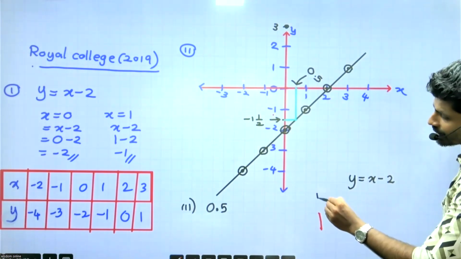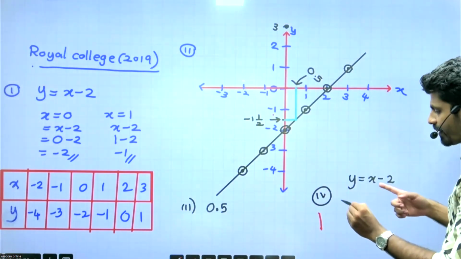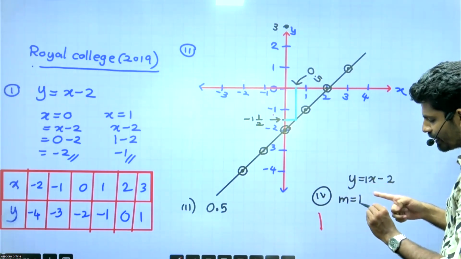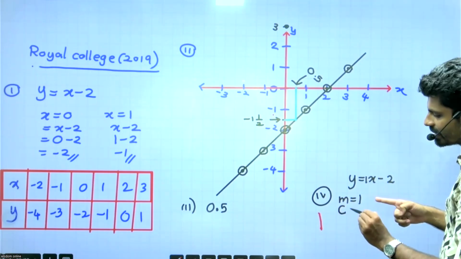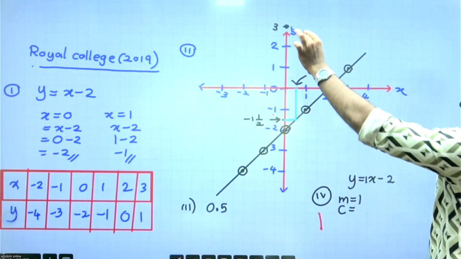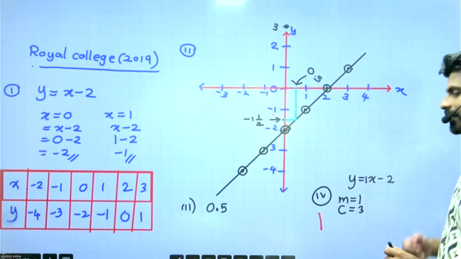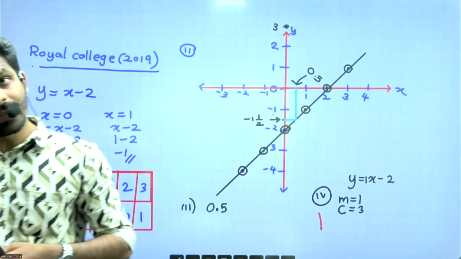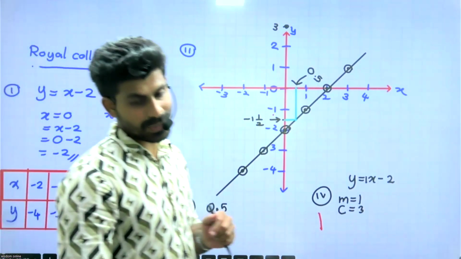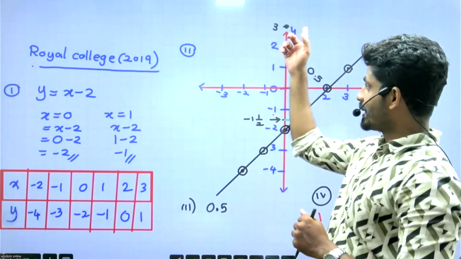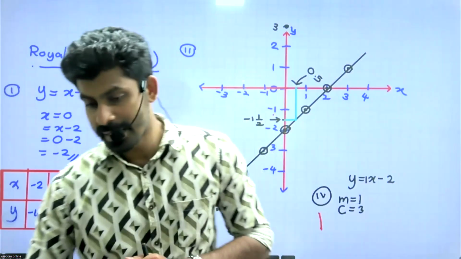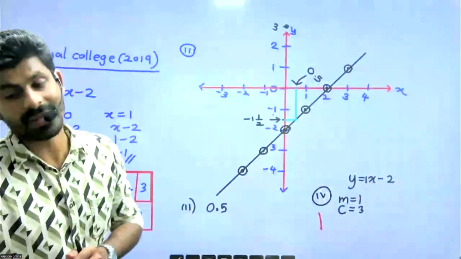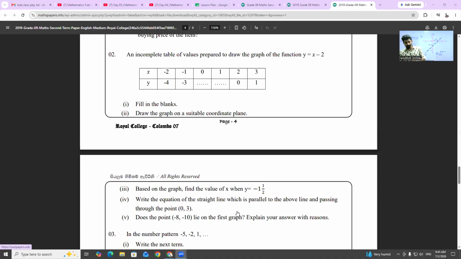Now look at the next one. Parallel means the gradient is 1, so m equals 1. Intercept means c, so c equals 3, since it is passing through 0, 3.